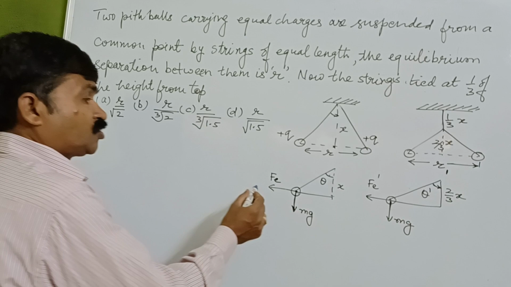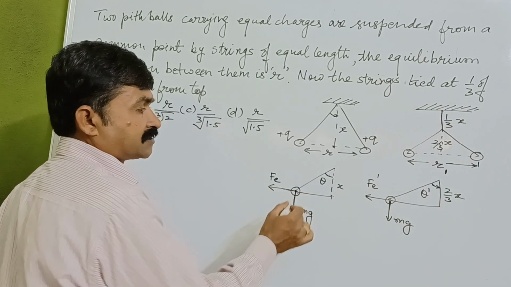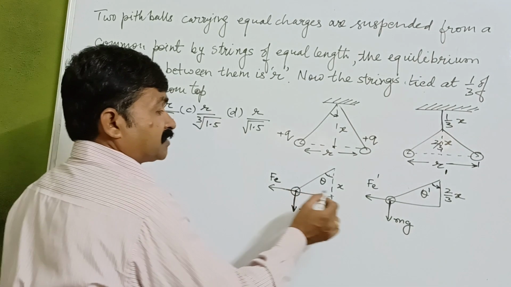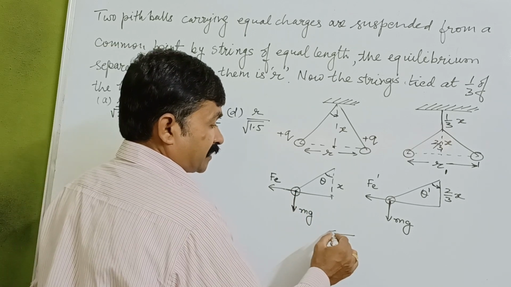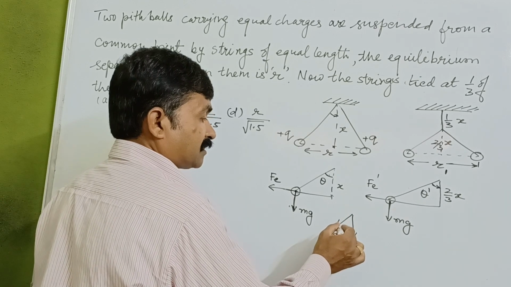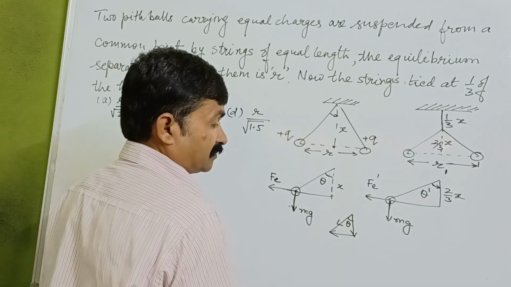Here these two forces, one acting in this direction and another acting in this direction, and we have to determine the resultant. We can have the force acting like this, another force acting like this, and this is the resultant, having some angle that we take as theta.